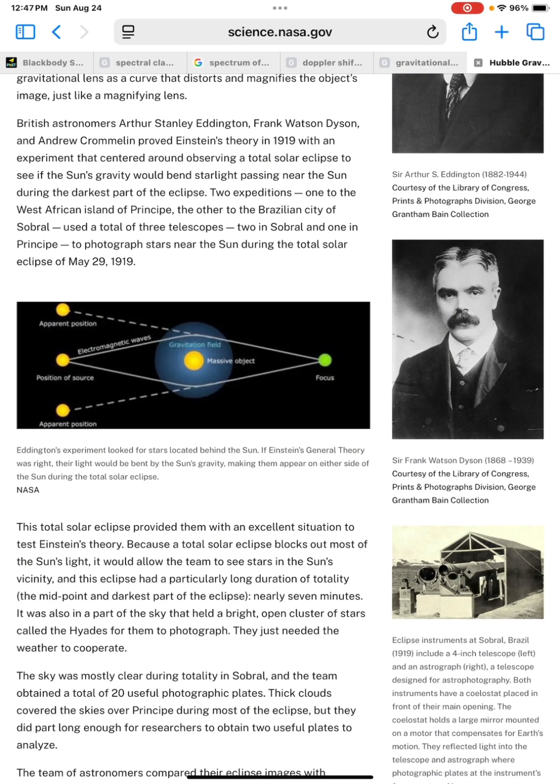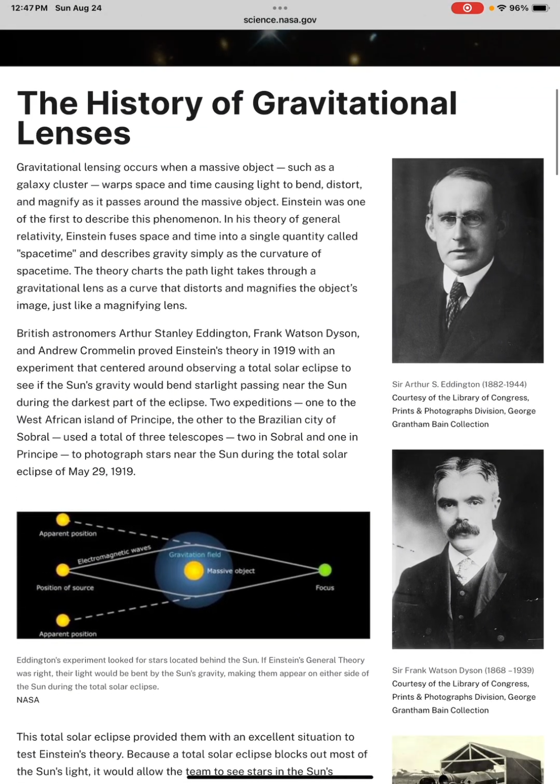So let me read for you a little bit. So British astronomers Arthur Stanley Eddington, Frank Watson Dyson, and Andrew Crommelin proved Einstein's theory in 1919 with an experiment that centered around observing a total solar eclipse to see if the sun's gravity would bend starlight passing near the sun during the darkest part of the eclipse.